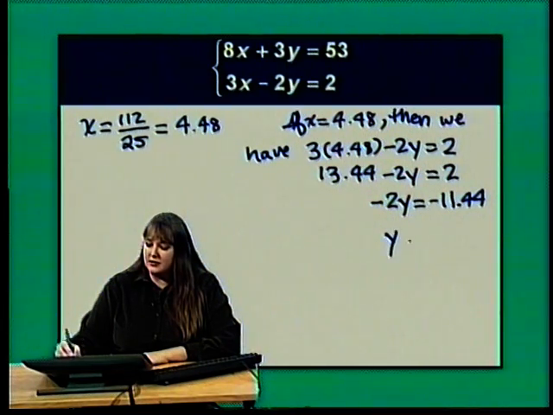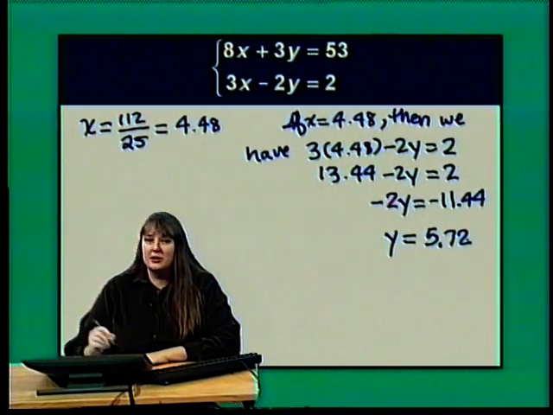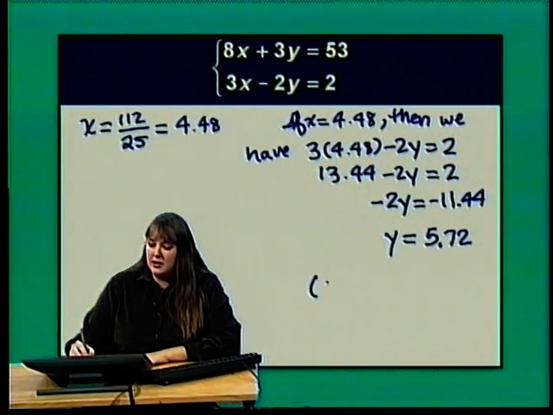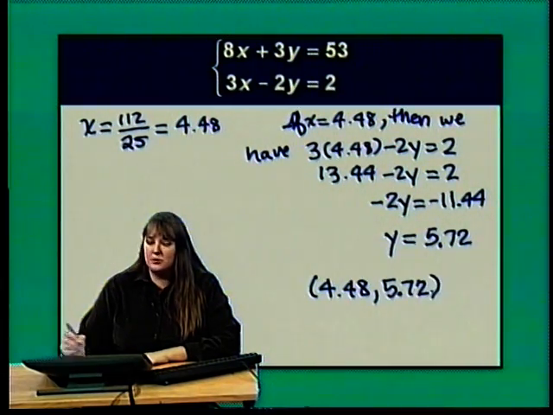So y is going to be positive, and let's see, 2 goes into 11.44 how many times? 2 goes into 11 5 times. 2 goes into 14 7 times, and 2 goes into 4 2 times. So 5.72. It looks like my proposed solution is the ordered pair 4.48, 5.72.